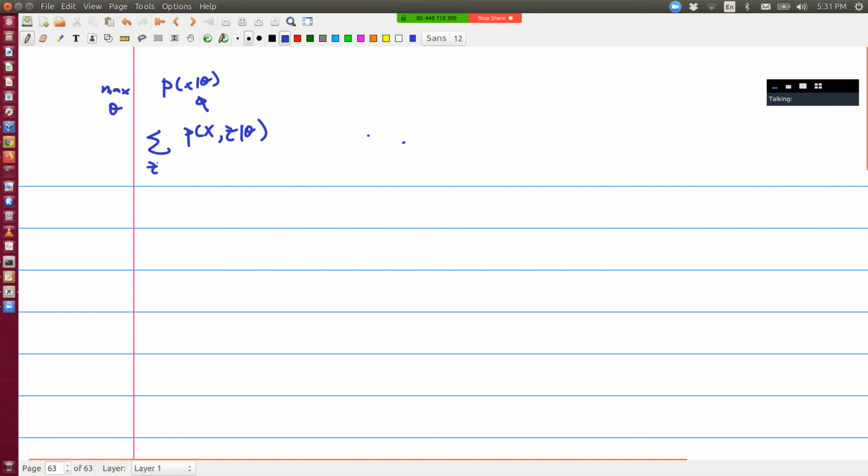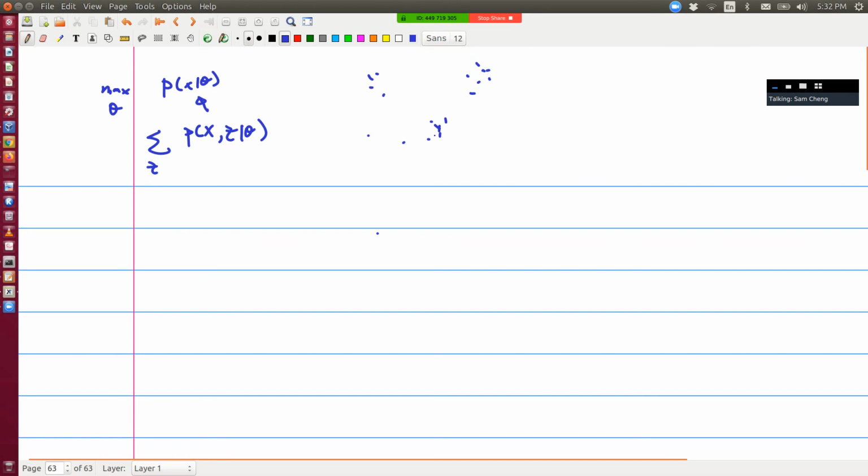Why is there a Z in there? It's just a helper variable. In the sense that it's difficult to write this down directly or optimize this directly. In our previous case, we know theta is this one and this one, but we also have these W1, W2, W3 here.